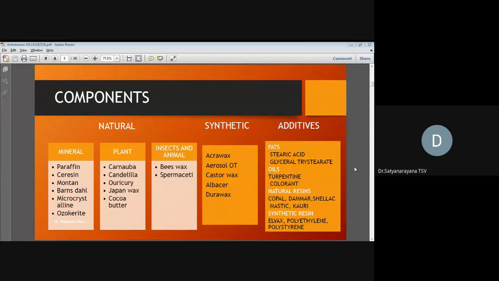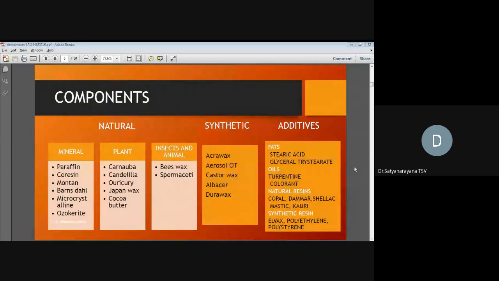Okay. In this, paraffin and resin are the most commonly used naturally occurring waxes obtained from minerals. Coming to those derived from plants: Carnauba, Candelilla, Ouricury, Japan wax, and cocoa butter.